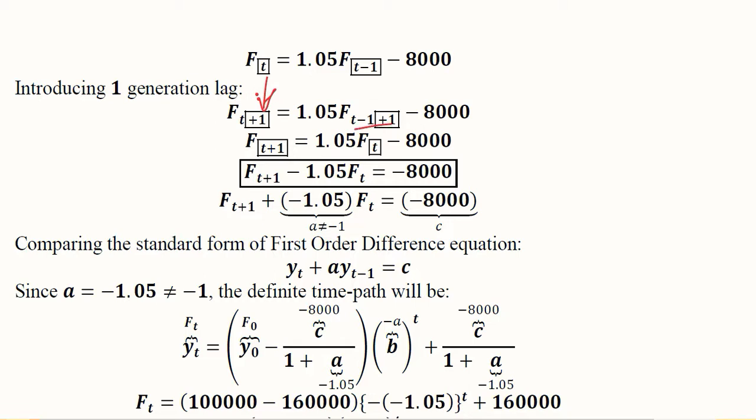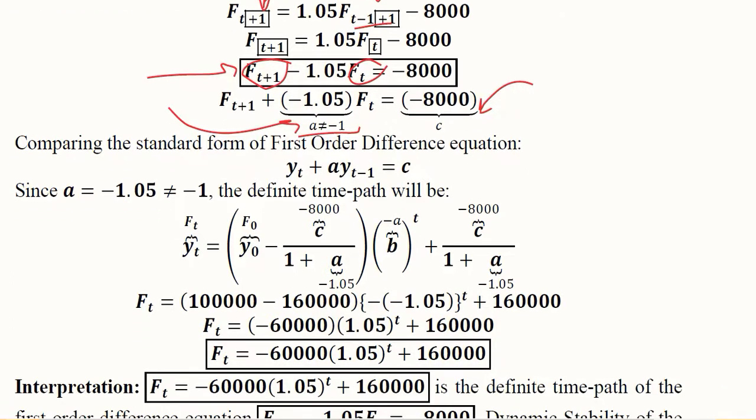So we have to convert this t minus 1 into t by adding this plus 1, and now you can see we have plus 1 here and we have t here, which is in a good form because it is directly comparable with the first order difference equation. So the value of a can be extracted here. As you can see, the value of a is 1 minus 1.05, and the value of c is a negative value, which we can see is extracted.